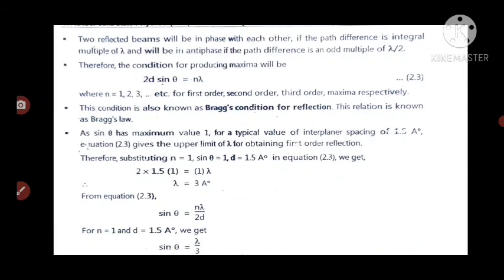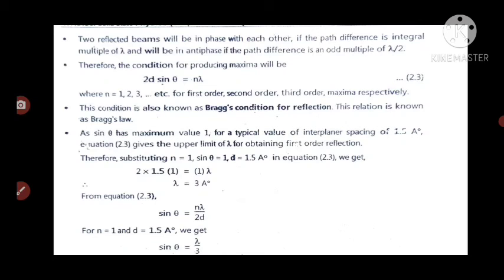The two reflected beams will be in phase if the path difference is an integral multiple of lambda, and in antiphase if the path difference is an odd multiple of lambda by 2. Therefore the condition is 2d sin theta equals n lambda, where n is 1, 2, 3 and so on.